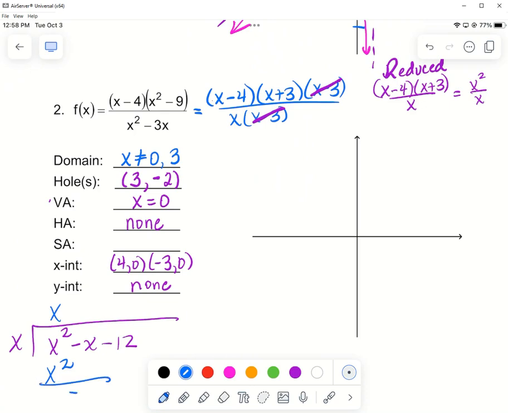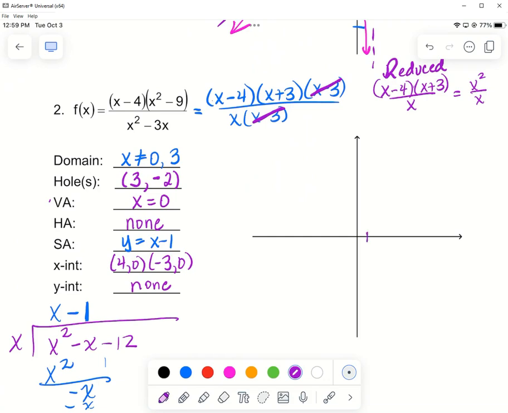I bring down the negative x. I really even could bring down the negative 12, but here's the deal. The second I write minus 1 and I get that constant, because I know it's going to be negative x, friends, I stop doing the long division. The remainder is irrelevant. I don't even do it. I stop right there and write my slant as y equals x minus 1.